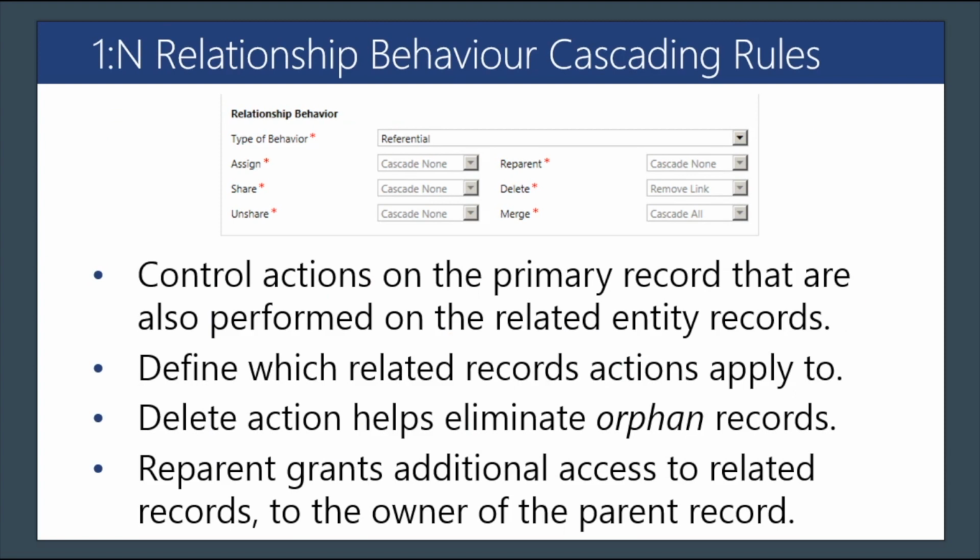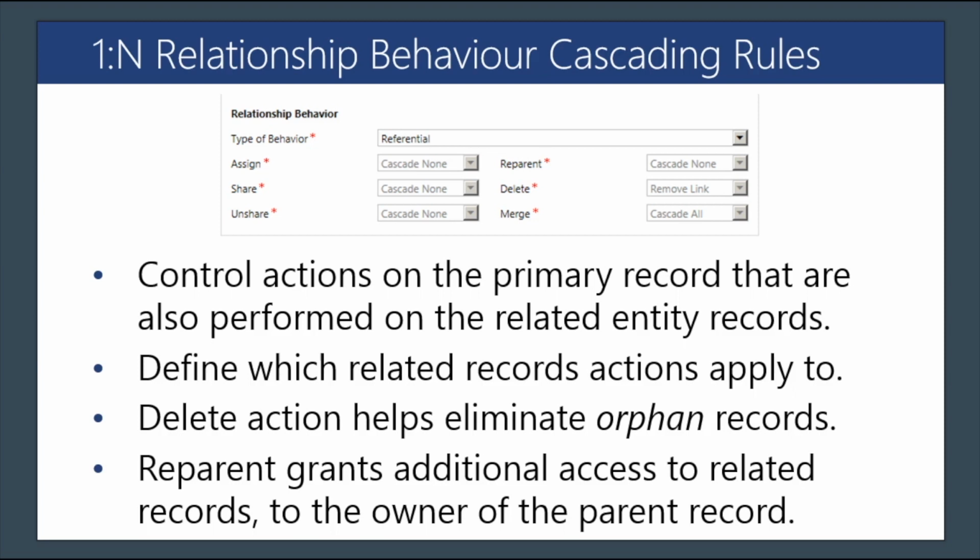So when things happen, for example, to an account, if you want the related information to that account to also follow what happens through the account itself, you can define that through this type of relationship. So which records it actually applies to, what happens, for example, if a record gets orphaned, where I have a project that was related to an account, and it's no longer related to an account.